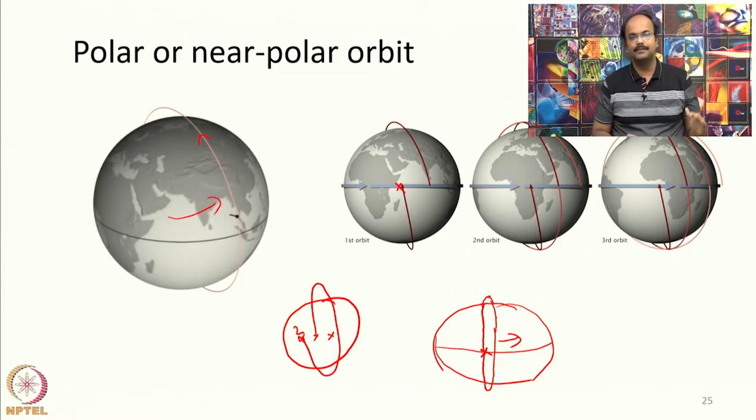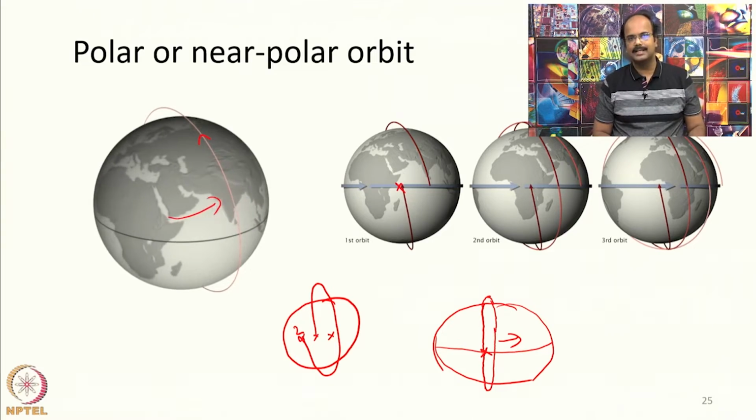But normally for remote sensing applications, the satellite will not be placed exactly over the poles, okay, not 90 degrees. It will be placed with a slightly higher inclination, 98 degrees, 99 degrees and so on. The reason for it we will see later. If a satellite is placed in a near polar orbit, the satellite orbit itself will not be fixed in space.